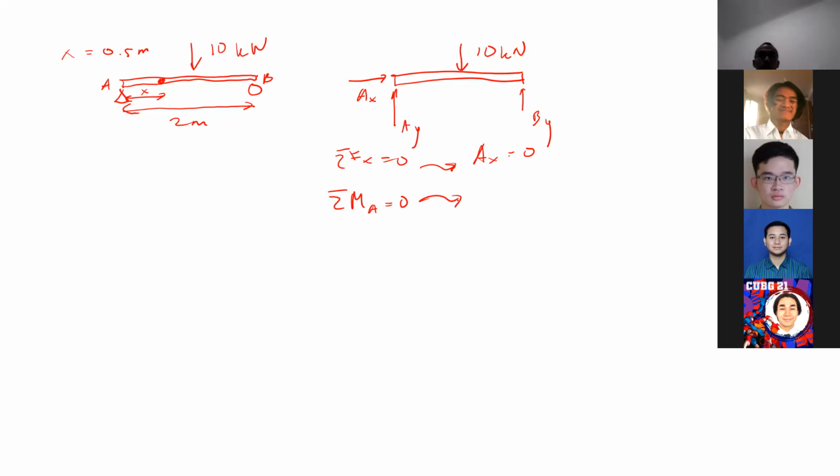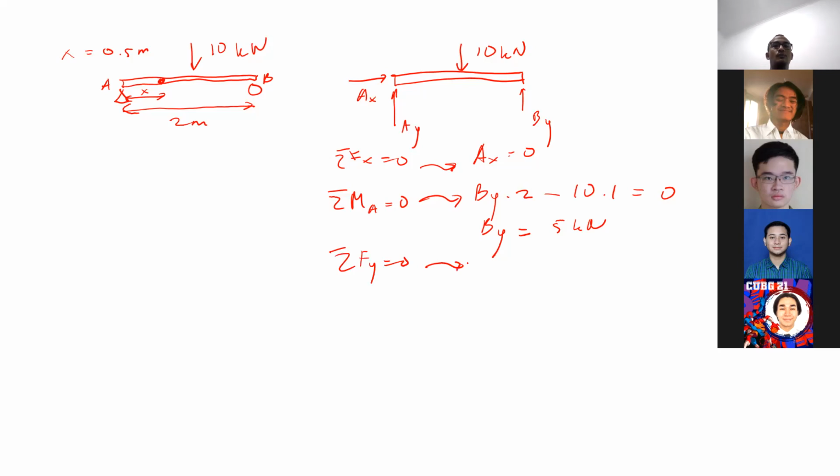BY times 2 minus 10 times 1 equal to 0. So what we will get here is BY. BY there will be equal to what? 5. Yeah, 5 kilonewton. And then using sigma Fy equal to 0, we will be able to find out Ay.